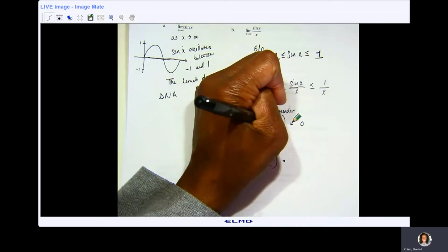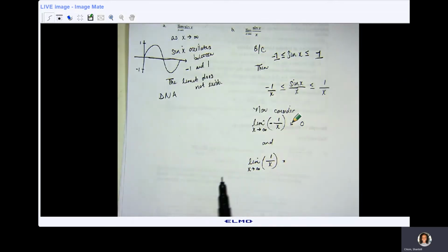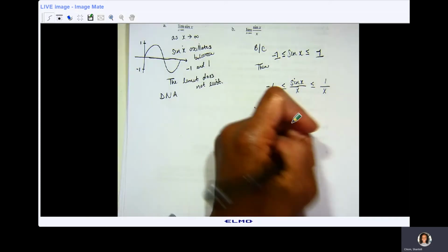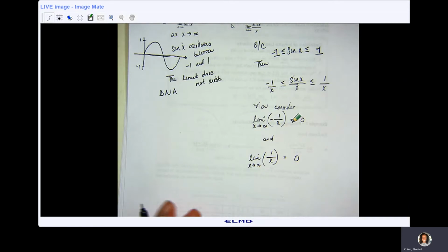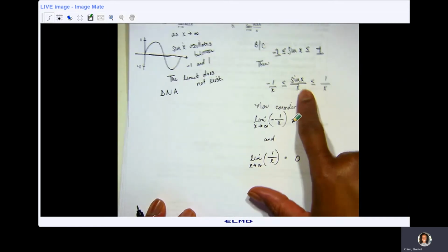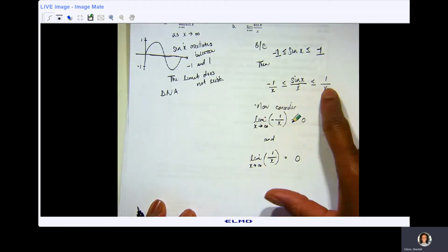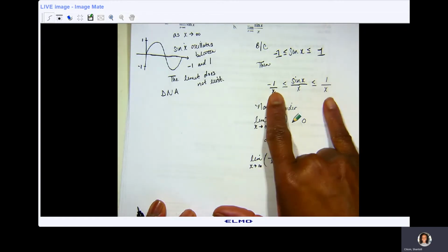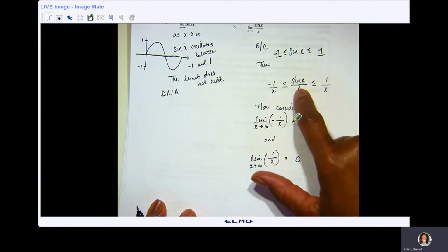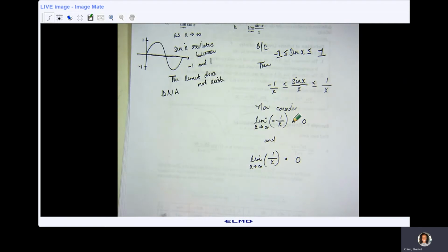And then negative 0 is still 0. Same thing here. 1 divided by some really, really big number approaches 0. So therefore, if sine x over x is between negative 1 over x and positive 1 over x, and those limit values are both 0, then by the squeeze theorem, sine x over x also has a limit value equal to 0.